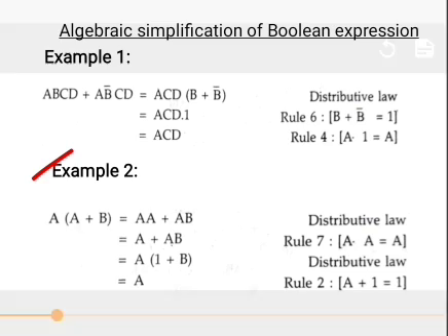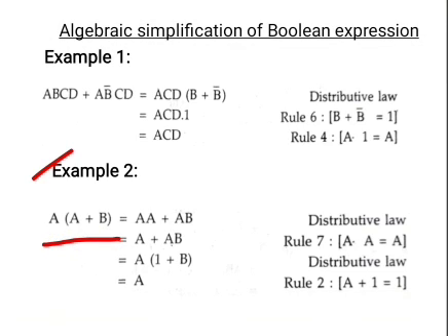The example 2. A into A plus B. That means simplify A into A plus B. You know, A into A plus A into B, AB, by using the distributive law. A into A equals A. The rule number 7 says A into A equals A. So A plus AB.